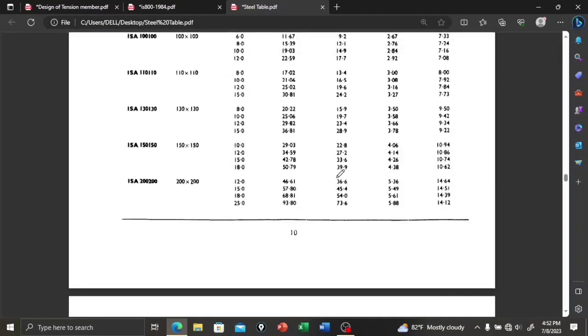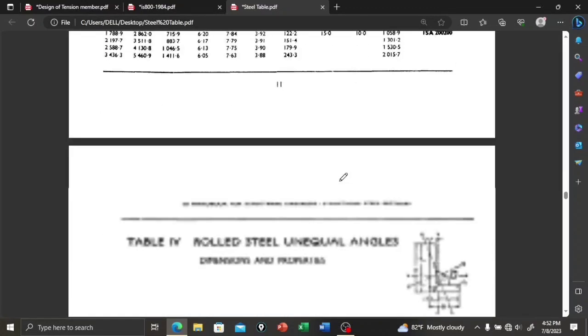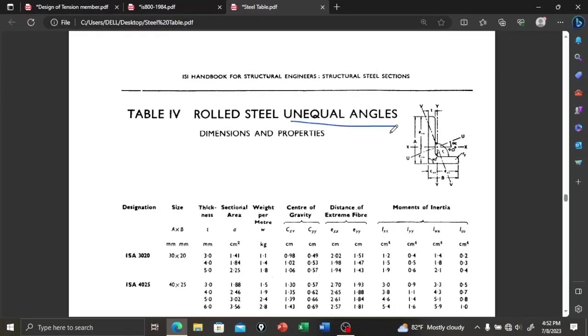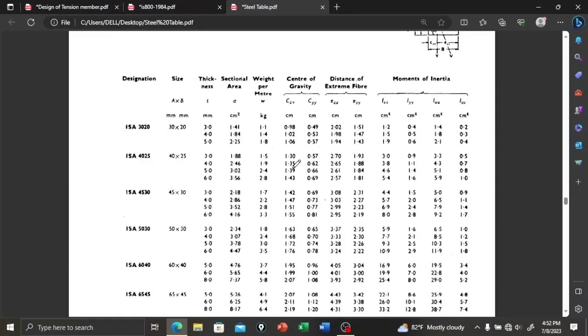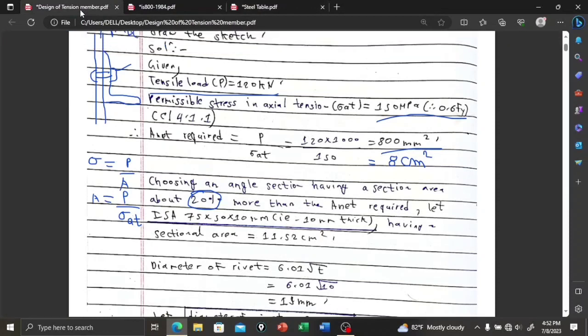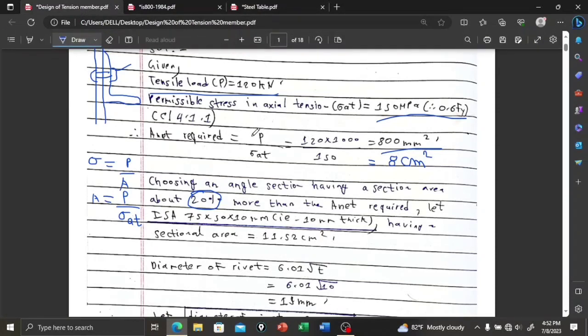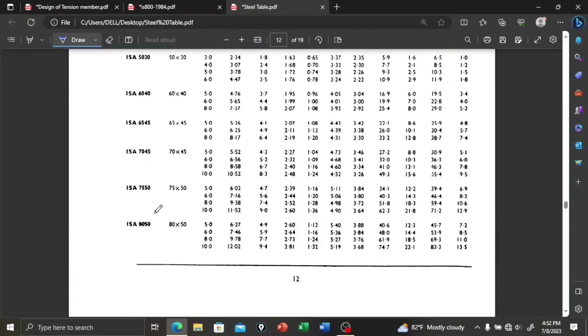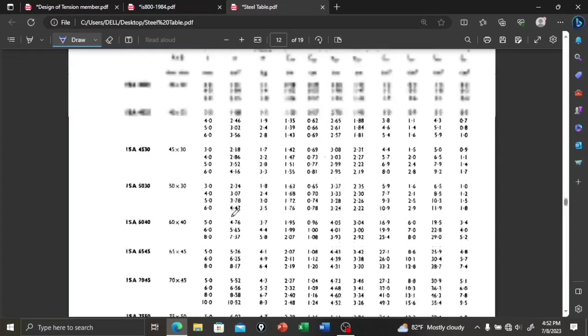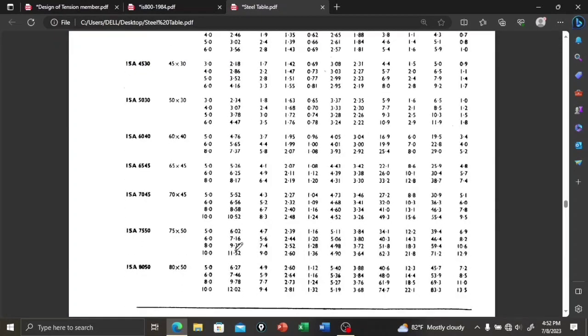I have chosen unequal section, so in the unequal angle table, 755010, where is the area? This is the area, so 11.52. By increasing 20% we get 9.6, so more than 9.6 is this.